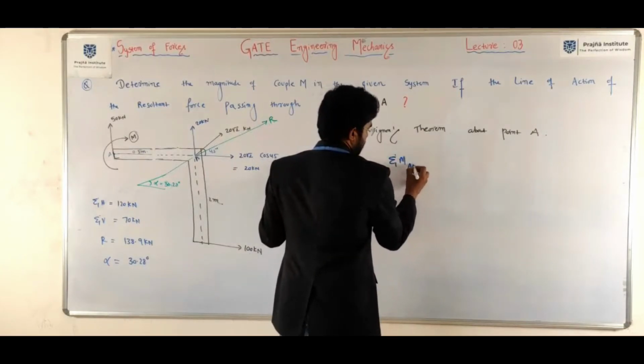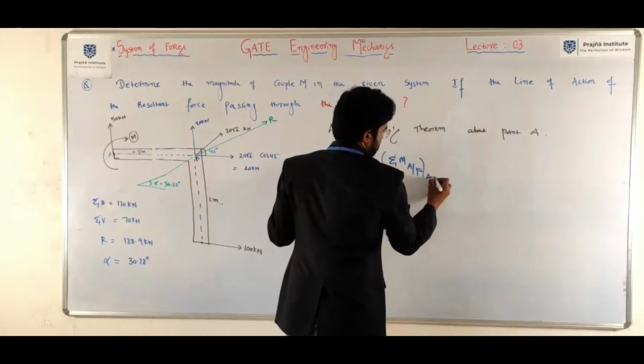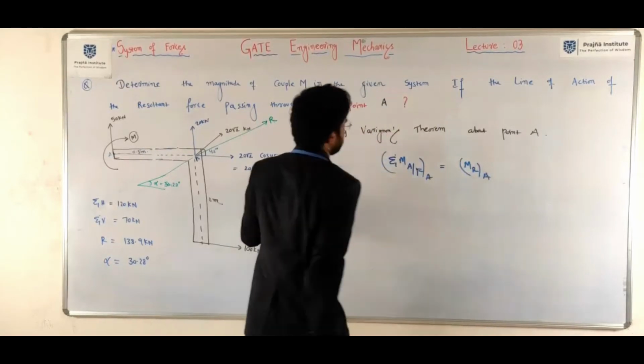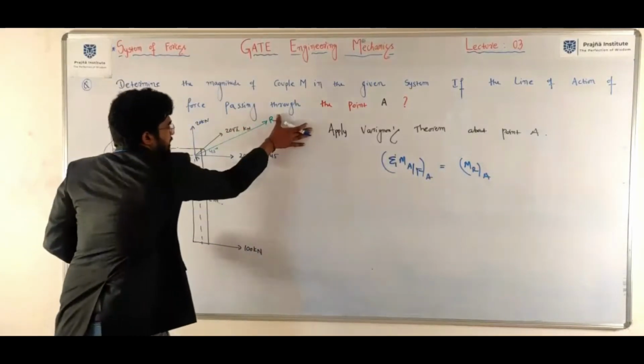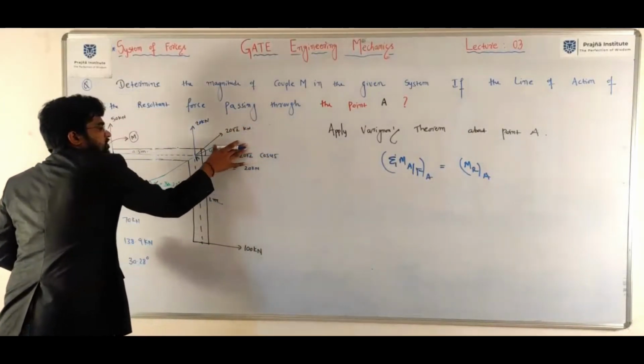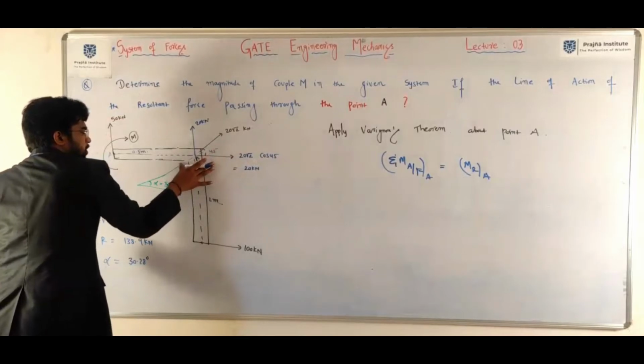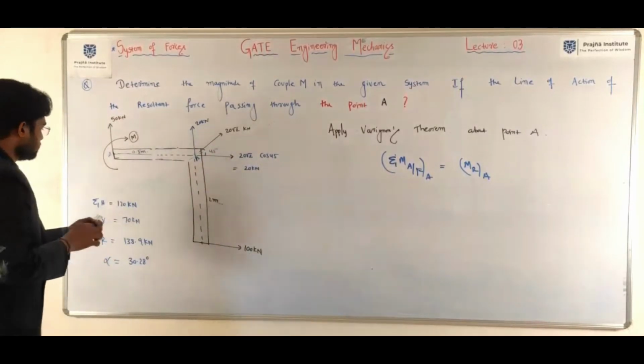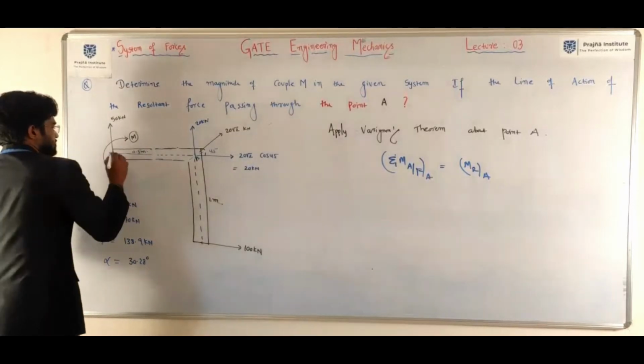Sigma moment of all system of forces about point A equal to the moment of the resultant force about point A. Here, the line of action of the resultant force is passing through the point A in this particular case. So that is given.